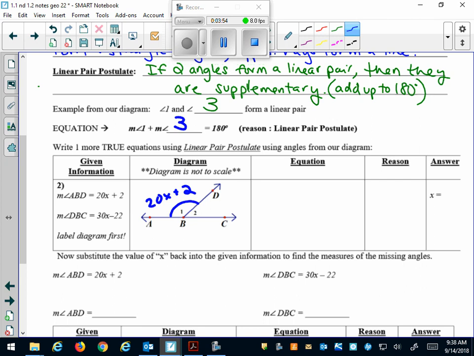Measure of angle DBC. D to B to C is this angle right here. And that's 30x minus 22. So we're going to label that in our diagram as well.